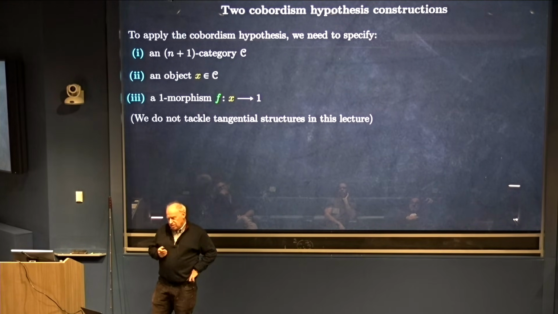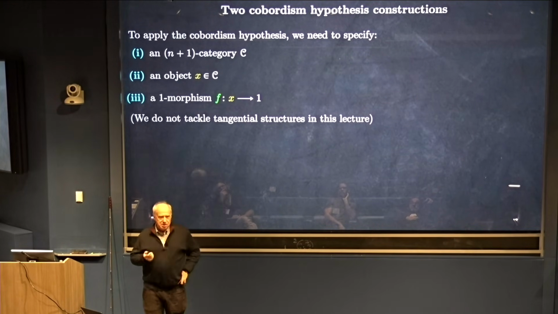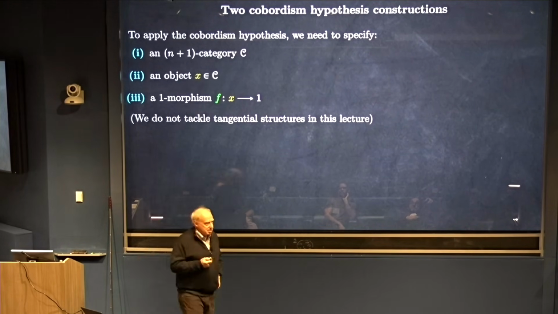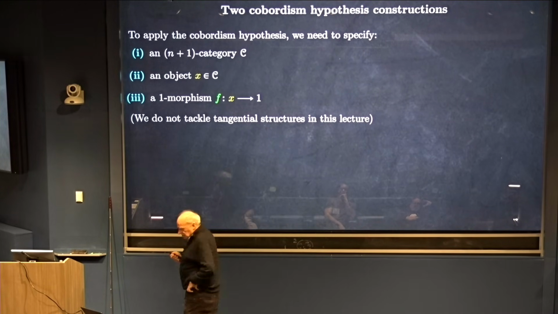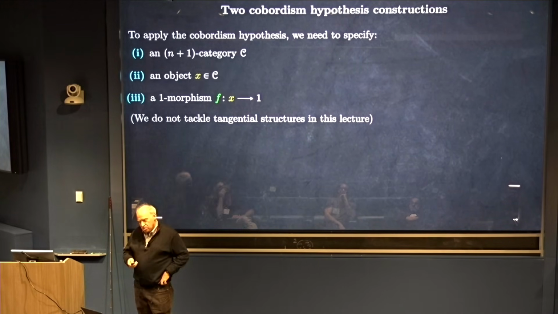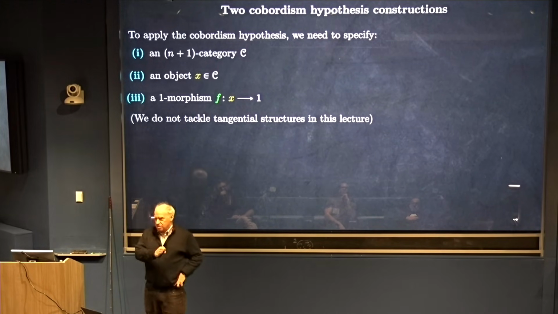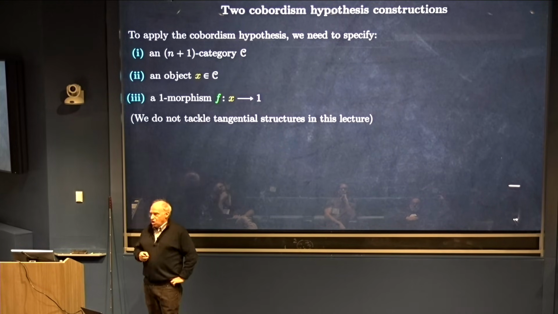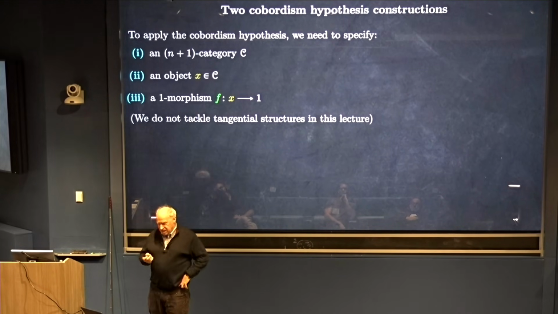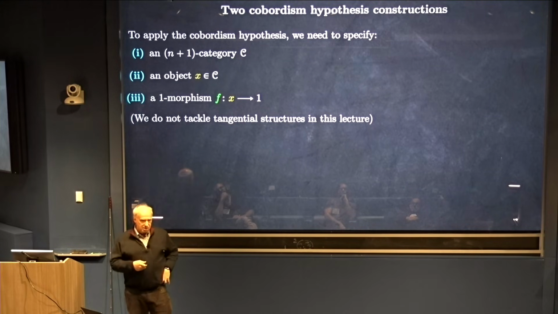Okay, so the other two constructions apply the cobordism hypothesis, so we have to specify what we attach to a point with enough dualizability to construct the theory by the cobordism hypothesis. So we need an n plus 1 category in which our theory is taking its values. We need an object, which is the basic theory, and then we need this one morphism from that object to the tensor unit.